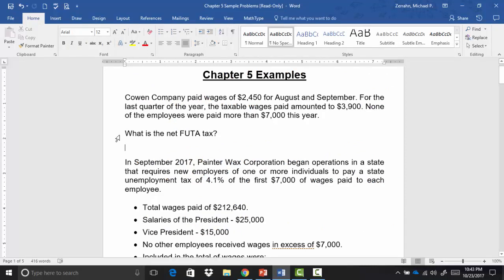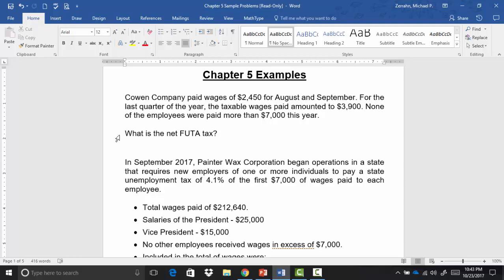Now let's try some examples. Cowan Company paid wages of $2,450 in August and September. And for the last quarter of the year, October through December, they had taxable wages of $3,900. None of the employees was paid more than $7,000.